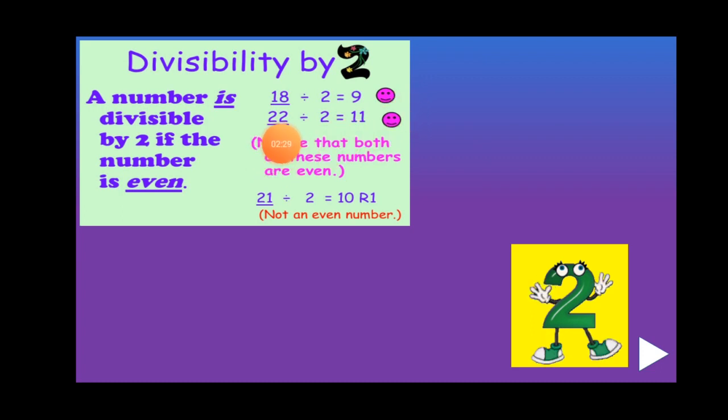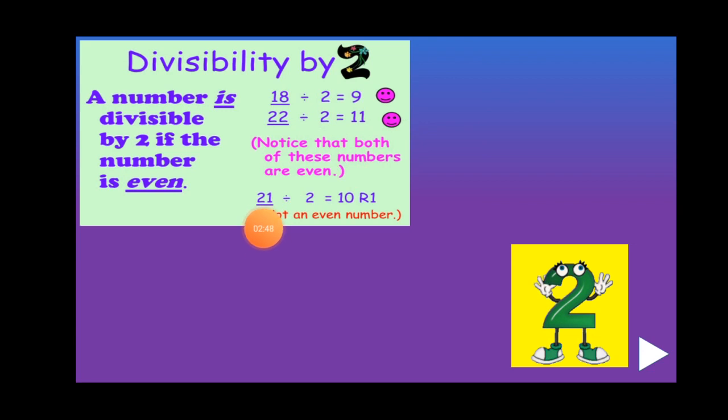In the same manner, when we have a number say 22 and we check its divisibility by 2, seeing its ones place digit, that is 2, it will be easily divisible by 2 without leaving any remainder.